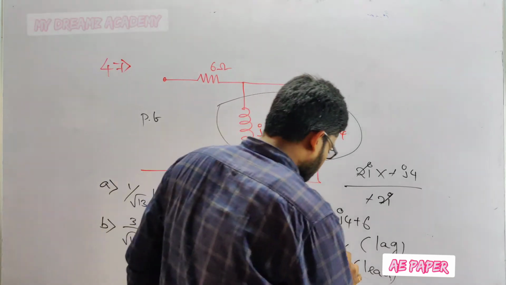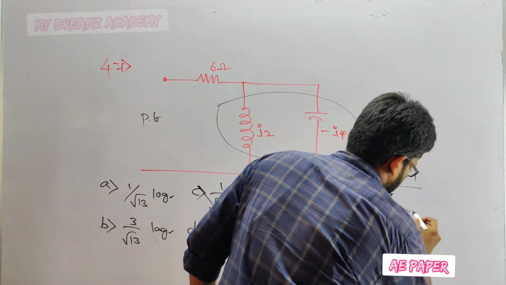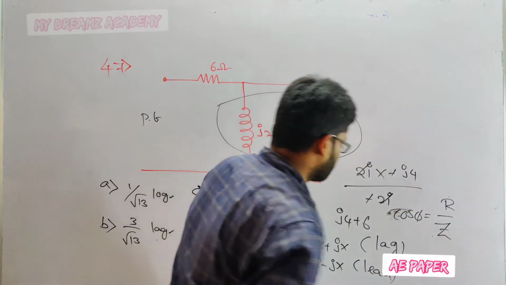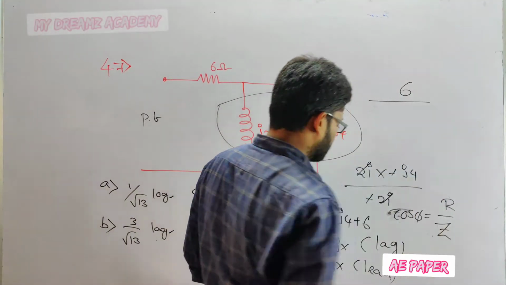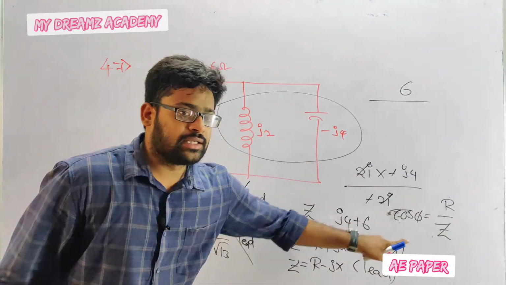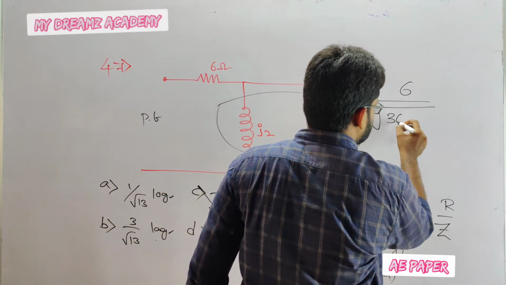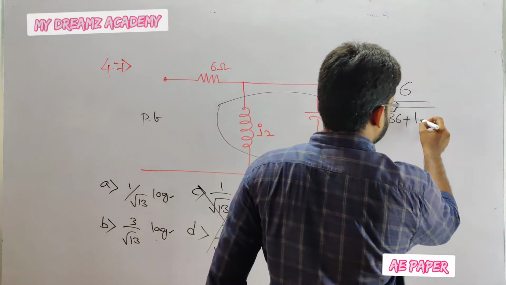Now the power factor will be calculated like this, that is cos phi is equal to R by Z, where the value of R is 6, divided by the Z value, which is nothing but the square root of 6 square, that is 36, plus 4 square, that is 16.